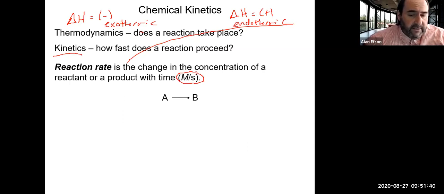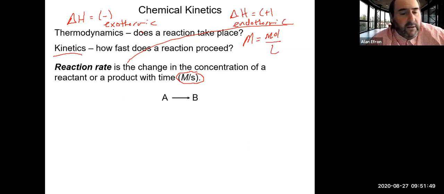And molarity, as we talked about last time, and hopefully you remember, is moles of solute over liters of solution. Basically, what we look at a lot of times in chemical kinetics is how the concentration of a reactant, maybe even a product, is changing over a period of time. That gives us molarity over seconds as our units.